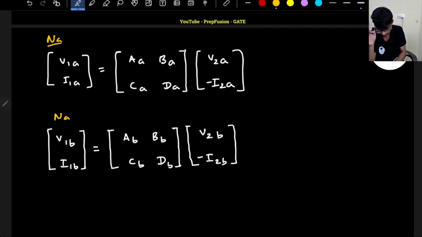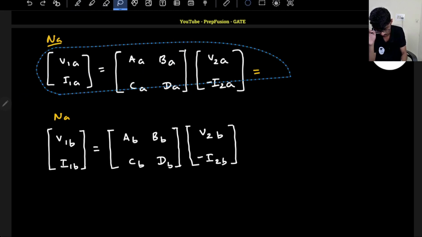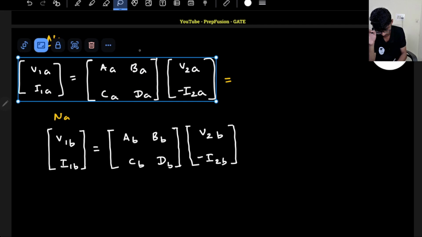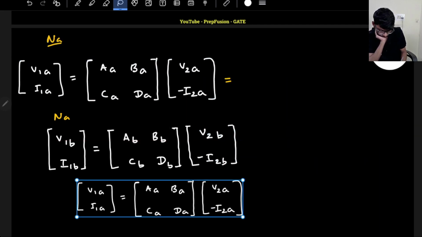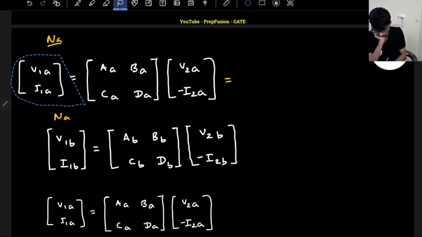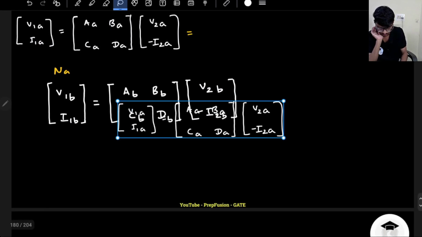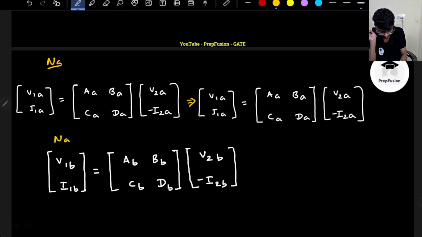So this network A can be rewritten. If I just copy and paste this whole thing here, my V1A is what?